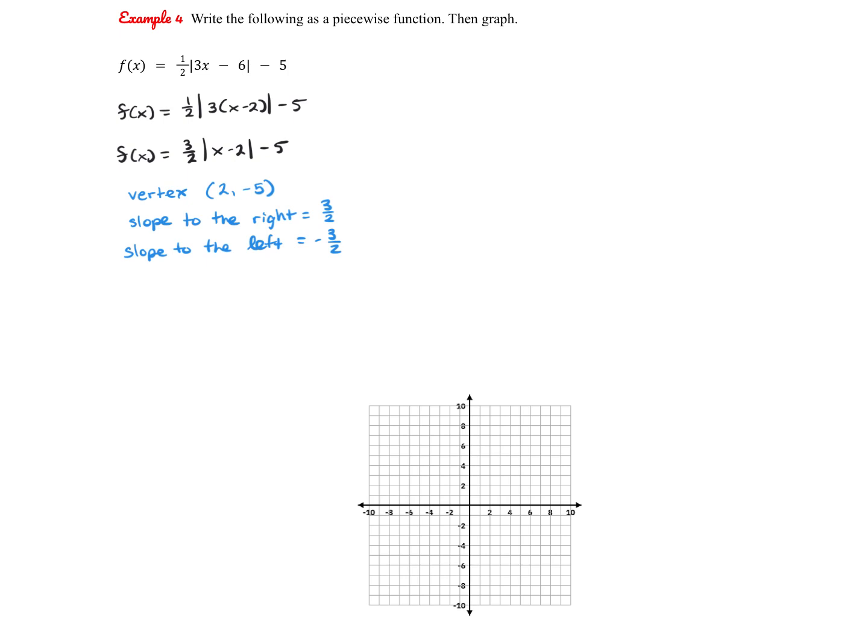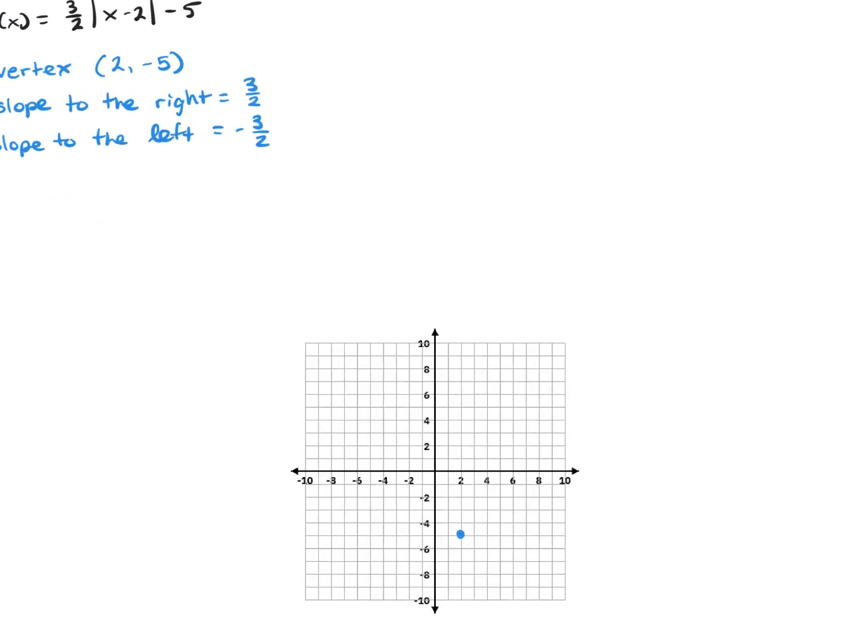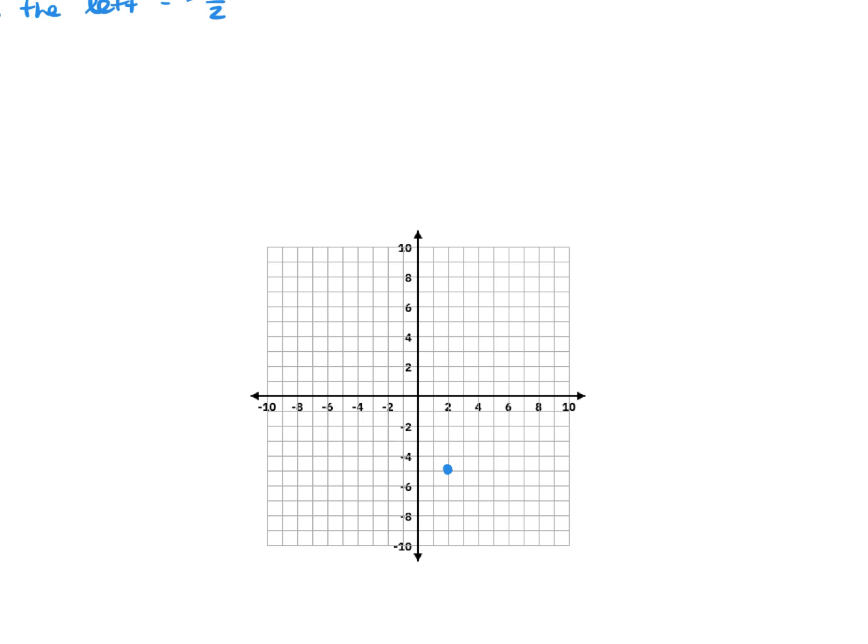So let's start with our vertex. So we have 2, negative 5, so right here, and our slope to the right is going to be 3 over 2. And then our slope to the left is negative 3 over 2.